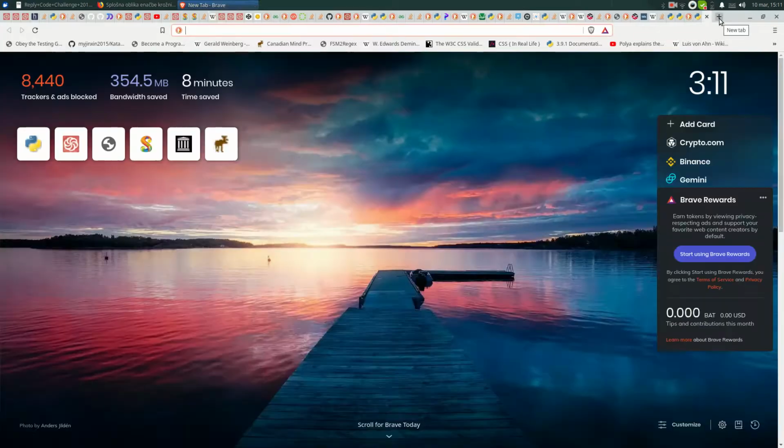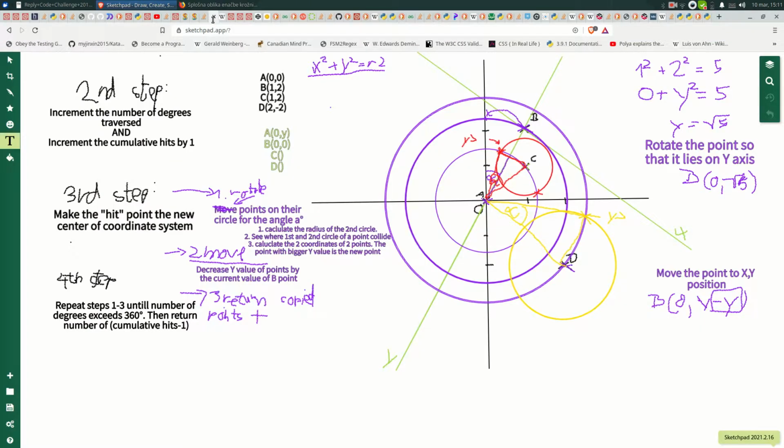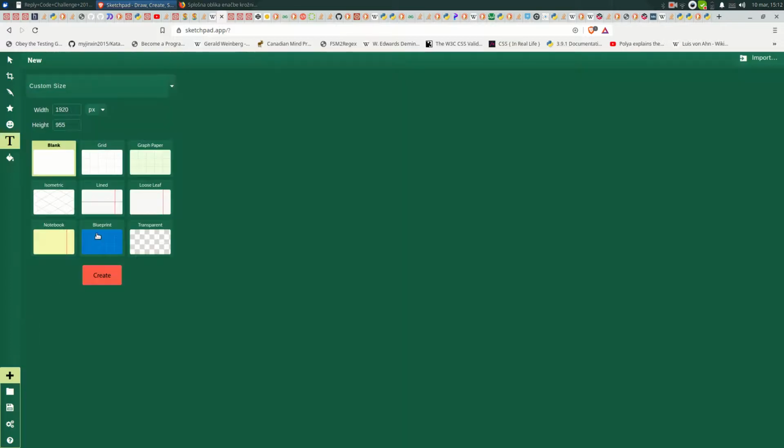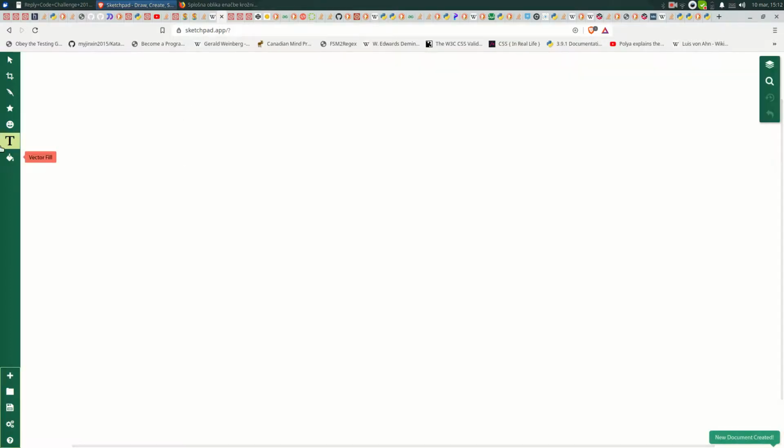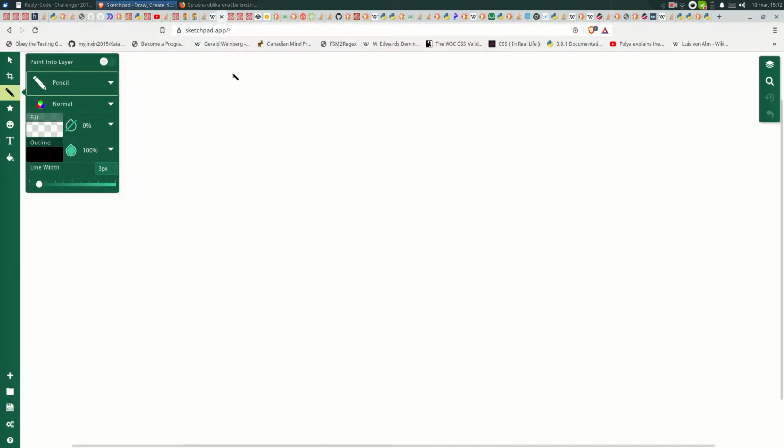Sketchpad app, new. So, I'm going to be short on this one, so we have like that, and like that. I guess that doesn't matter.